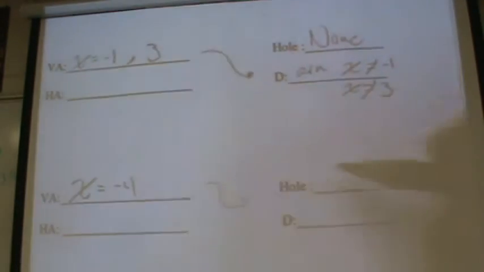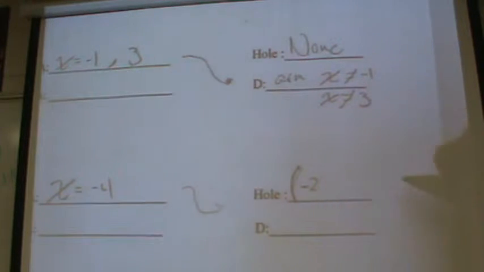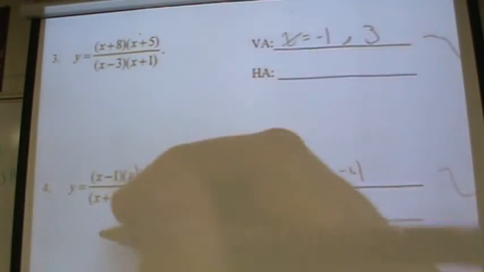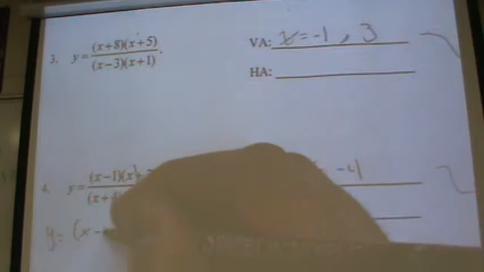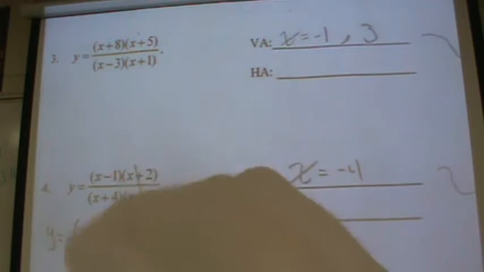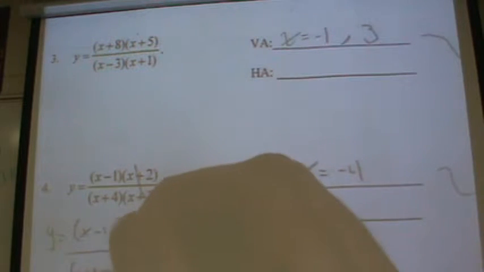Okay, so this is your hole now. Your first value is going to be -2, right? Okay, so if I were to now plug this in over here, after changing the equation, it's going to be y equals x minus 1 over x plus 4.